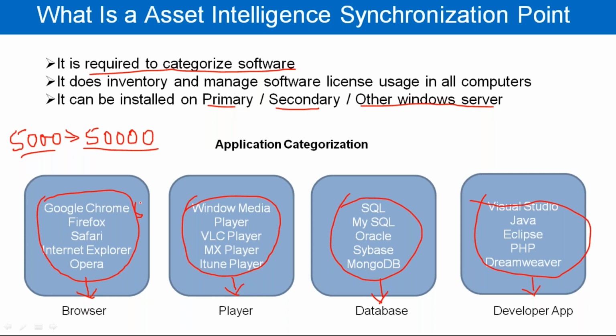So let's say 500 computers with Google Chrome. Firefox is installed in 2000 computers. Internet Explorer is installed in 5000 computers. UC Browser 2000. It will give you the number as well. So asset intelligence synchronization point is basically to categorize all the softwares which are installed on all the computers.